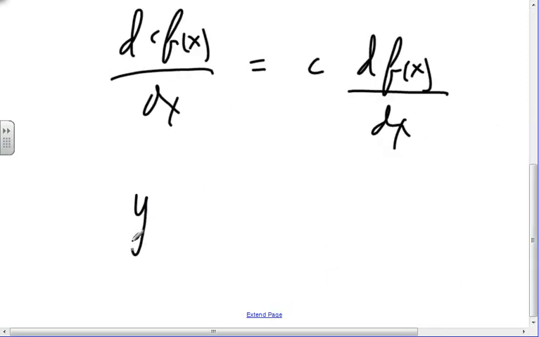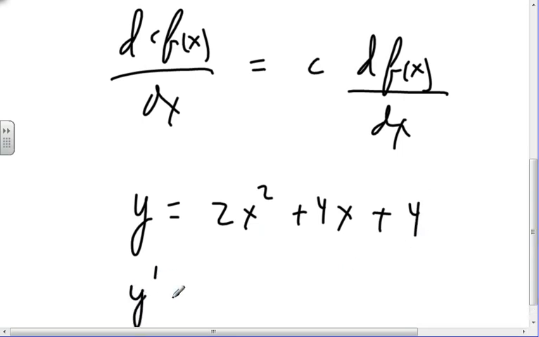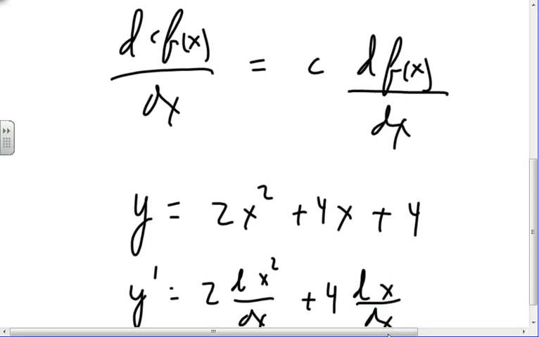So when I had y is equal to 2x squared plus 4x plus 4, and I took its derivative, I went 2 times the derivative of x squared, plus 4 times the derivative of x, plus the derivative of 4.